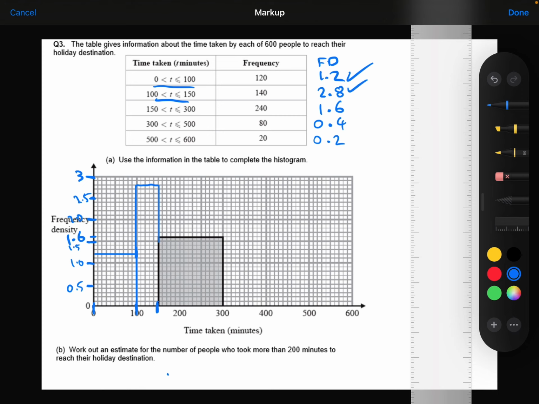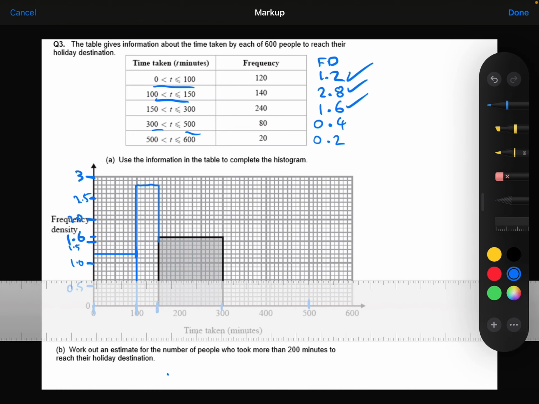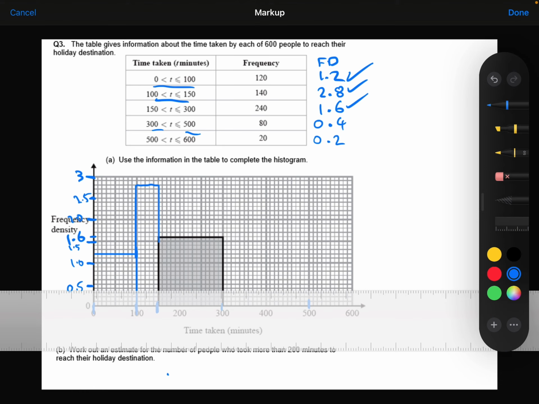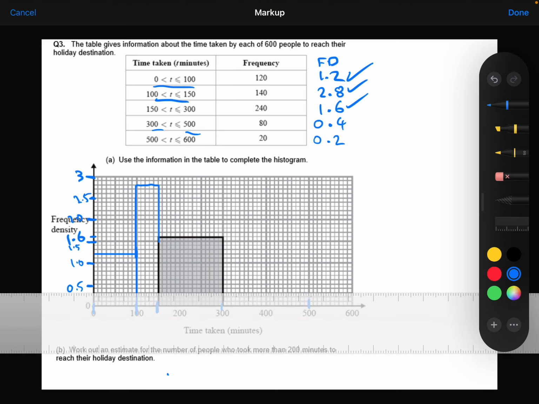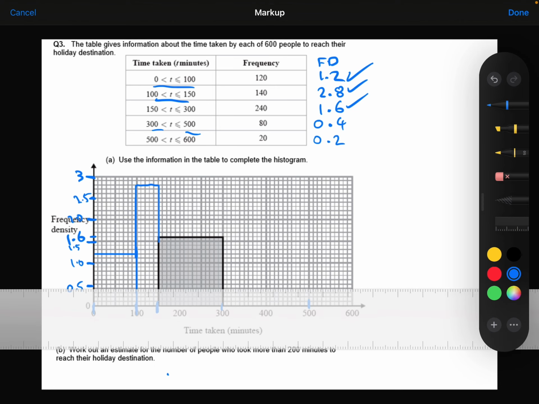Done. The next bar was the one that was given to us, the 1.6, so we don't need that. The next bar between 300 and 500, the frequency density is 0.4. 0.4 is 0.1, 2, 3, 4 is just there.